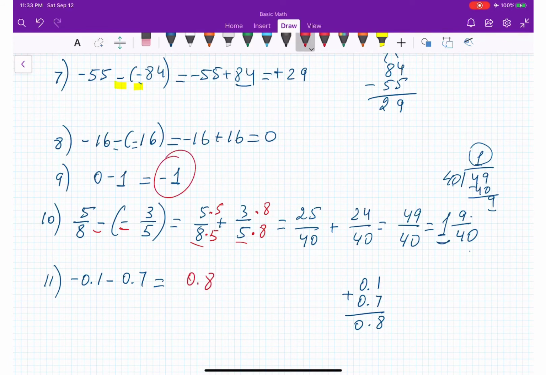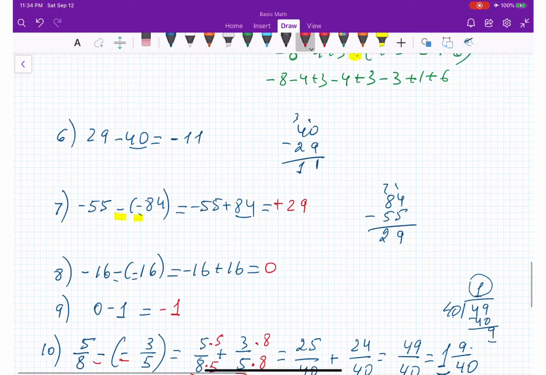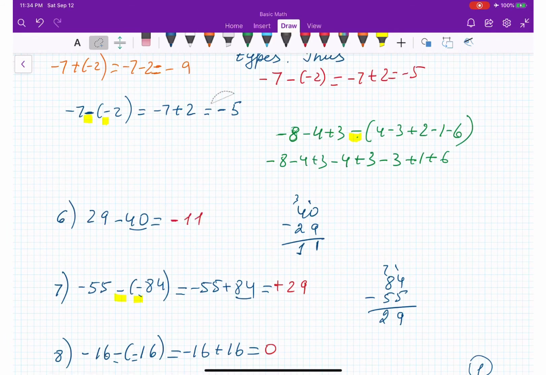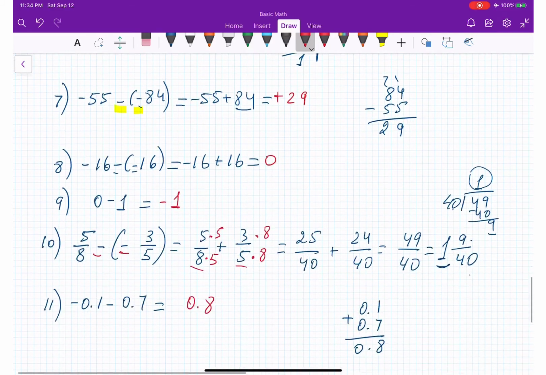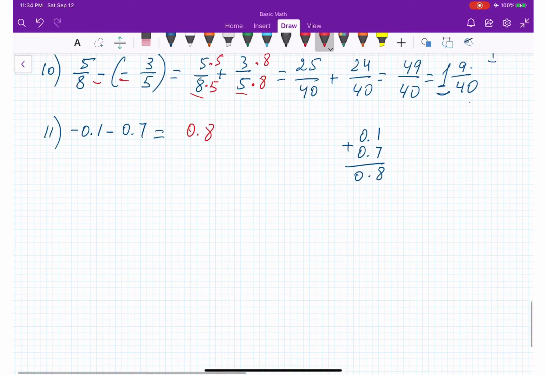Let me do everywhere red. So you would see the answer. There we go. And since in our case both numbers are negative, therefore it's going to be negative.